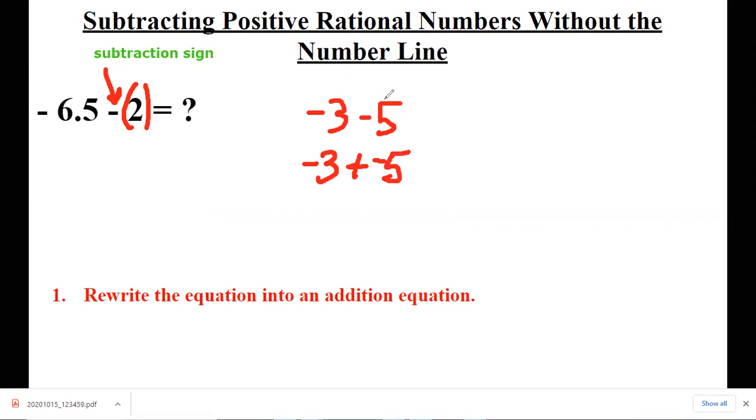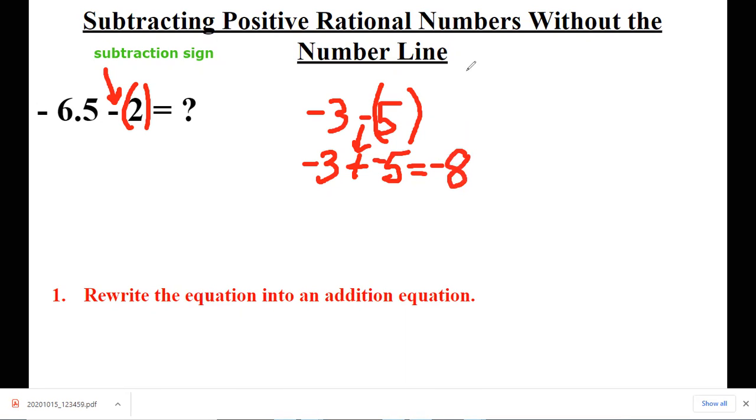So we keep the first number, change the sign to addition, and this is a positive 5, so we change it to a negative 5. Then negative 3 plus negative 5 gives us negative 8.